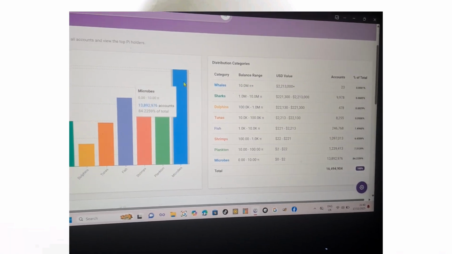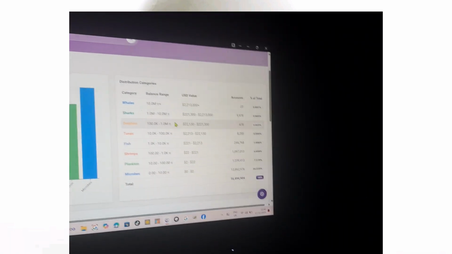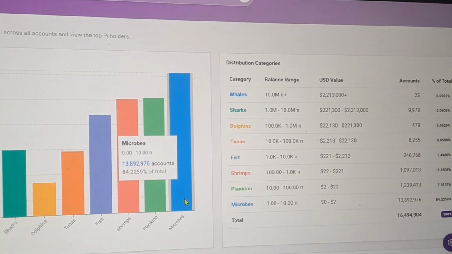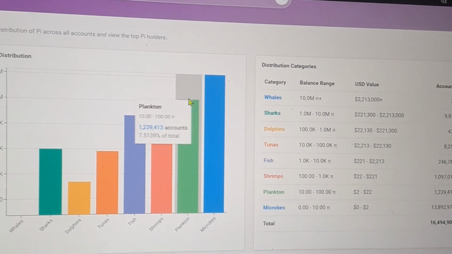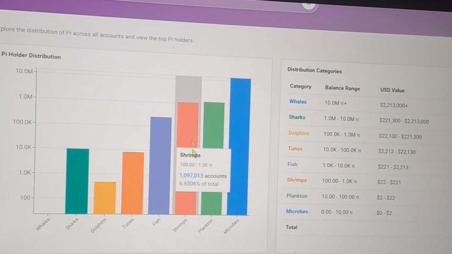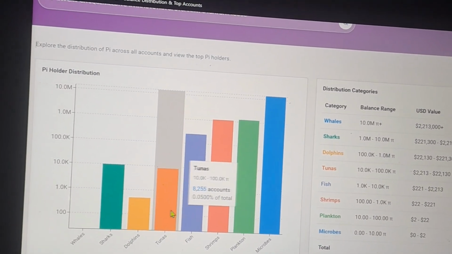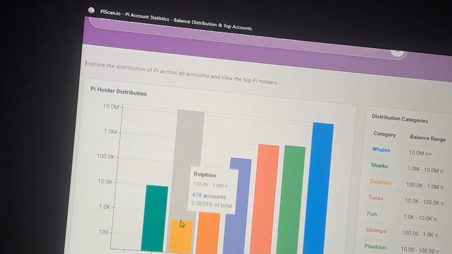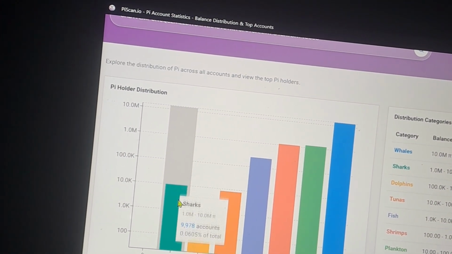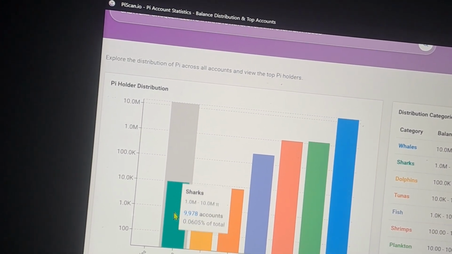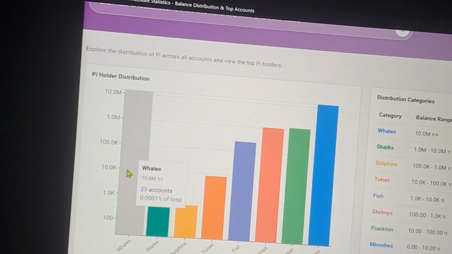You can see here we have the graph that indicates this data. The leading are the microbes, as said, followed by the planktons, the shrimps, the fish, the tuna, the dolphin, and the sharks, the big boys here. We don't have one for the whales.